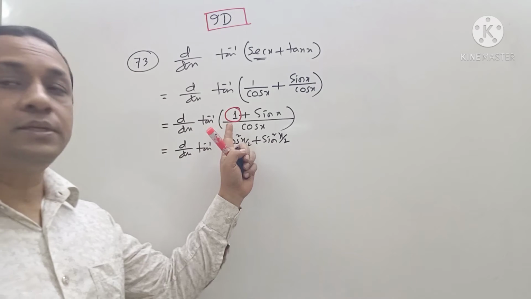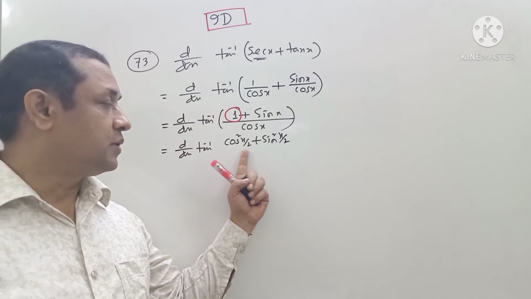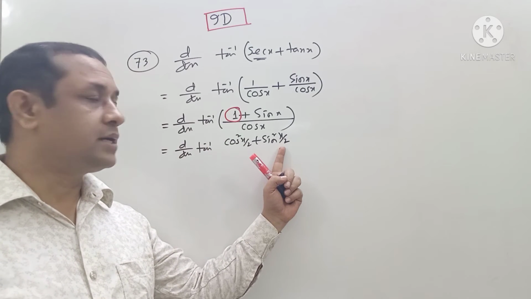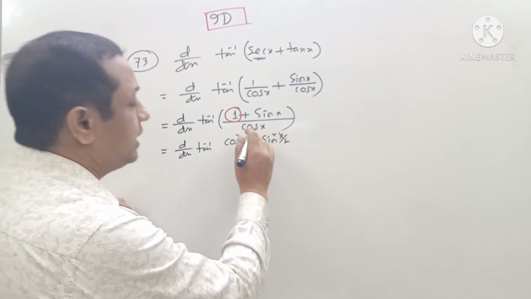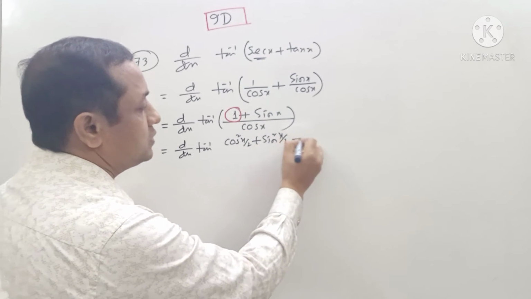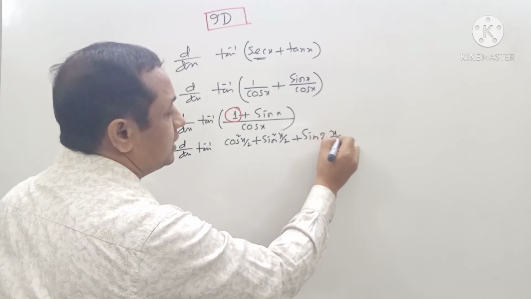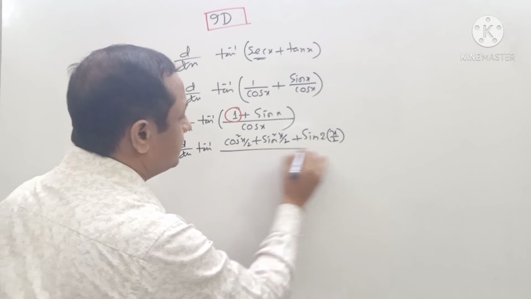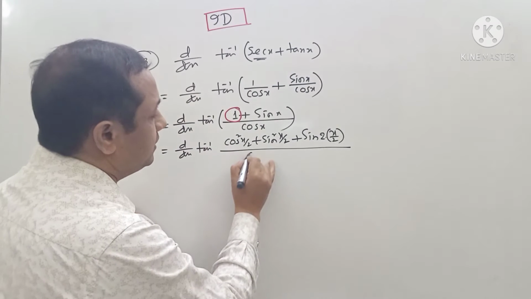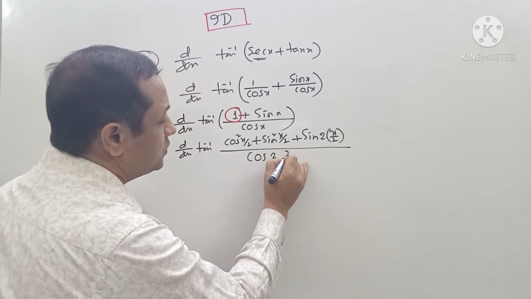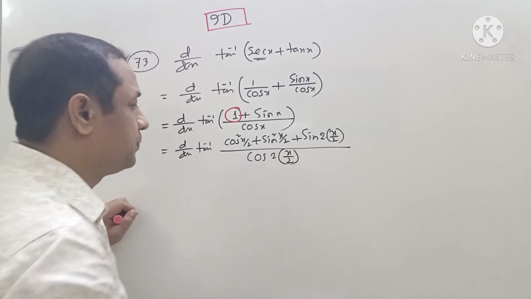Here 1 equals cos square x plus sin square x, where x means x by 2, and sin x is sin 2 into x by 2. Again the denominator will be cos 2 into x by 2.